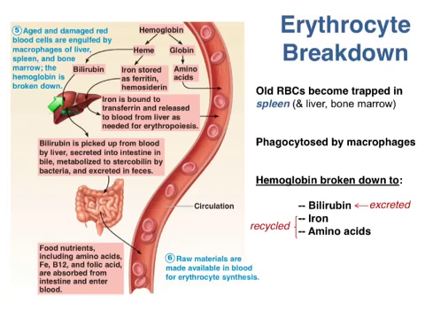The liver makes bile, and then that bile is secreted into the intestine, metabolized by the bacteria in your intestine, and excreted in the feces. So the bilirubin is excreted in your feces. Fun fact, it's what makes your feces brown. And iron and amino acids are recycled.